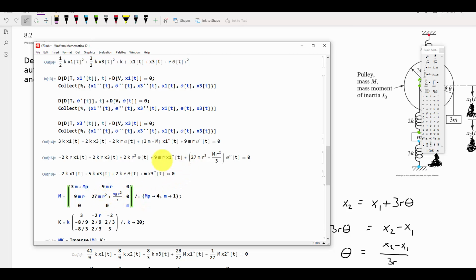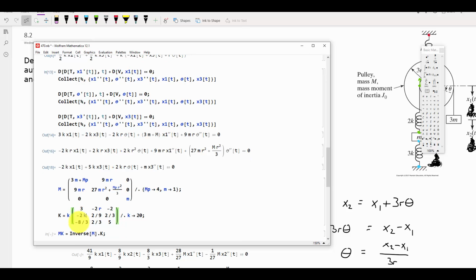Looking at the k matrix here, I will have here a -2kr x1, and now actually the theta is next, a 2kr squared, and then the x3 term is going to be 2kr, and I don't need the k's because that's already taken care of.